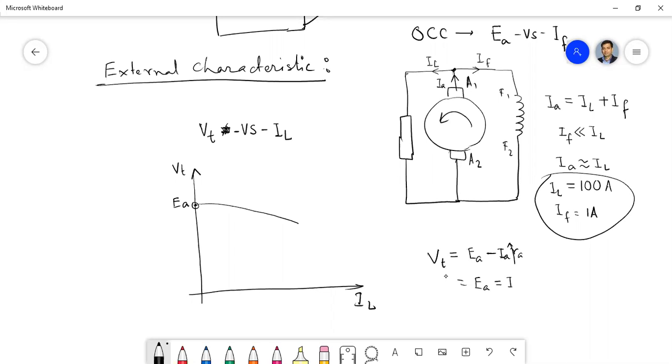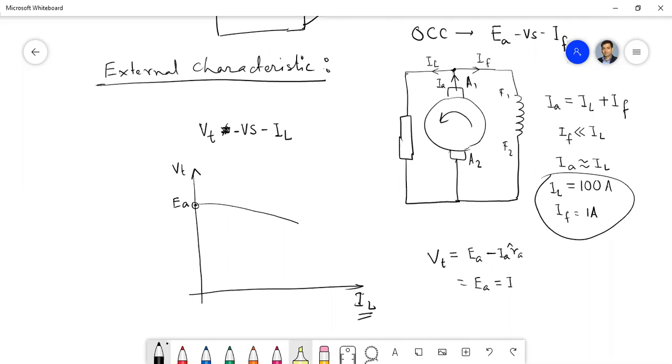So EA minus IL RA you can write, because you are taking IL only, not IA.